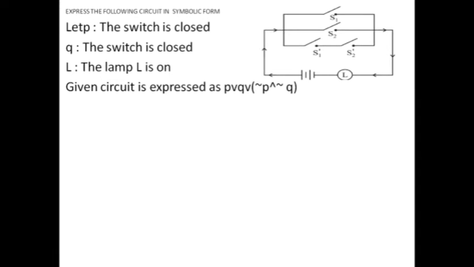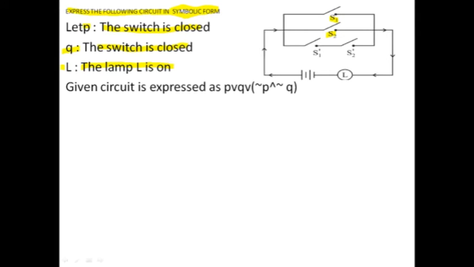Now we have to express the following circuit in symbolic form. Let P be that switch S1 is closed, Q that switch S2 is closed, and L that the lamp is on. The given circuit is represented as this.